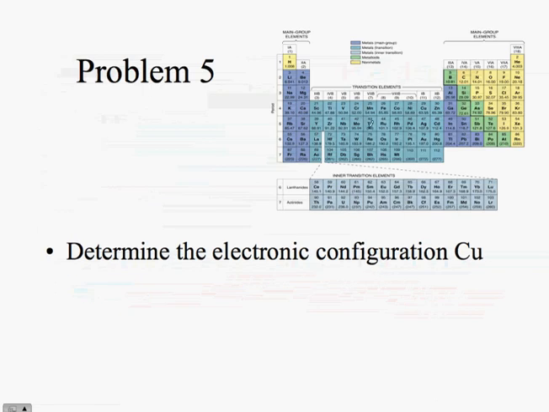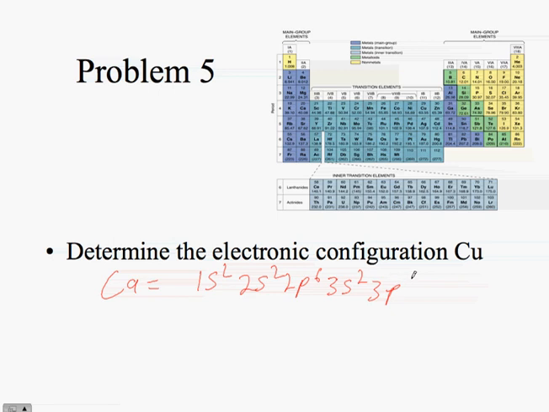Okay, now let's look at copper. The electronic configuration for copper, Cu, would be 1s2, 2s2, 2p6, 3s2, 3p6, 1, 2, 3, 4, 5, 6, and then we go to 4s2, and now we're entering into our D block elements.